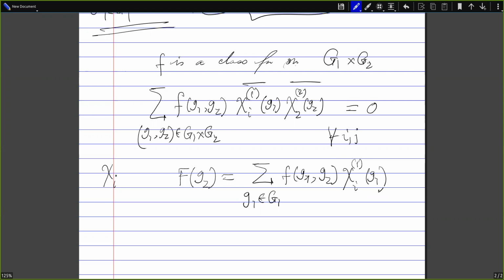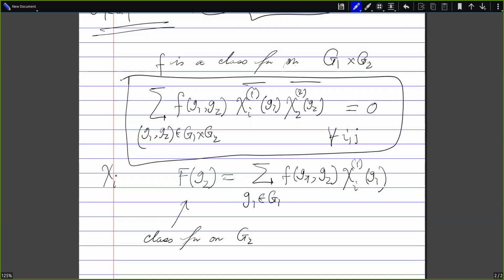Now you can see that the way it is defined, this is also a class function on G2. Because if you take any conjugate of g2, the change is happening in the second coordinate, but since f is a class function, it will be the same.